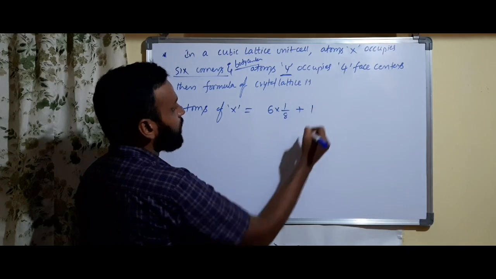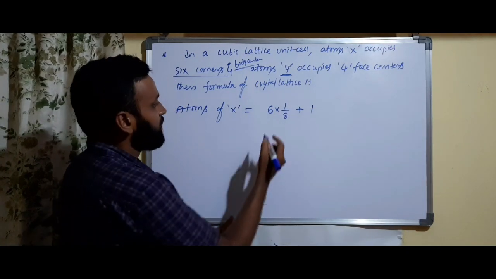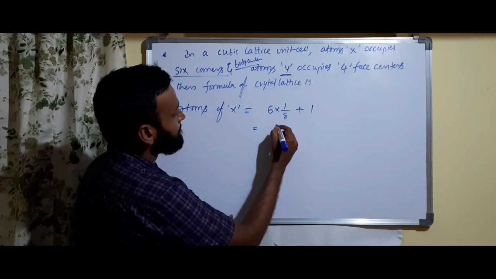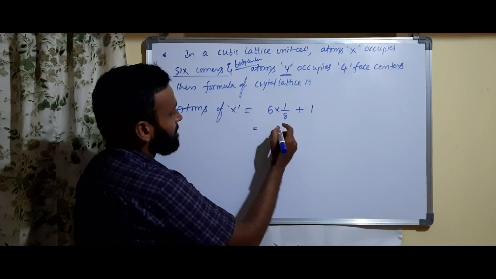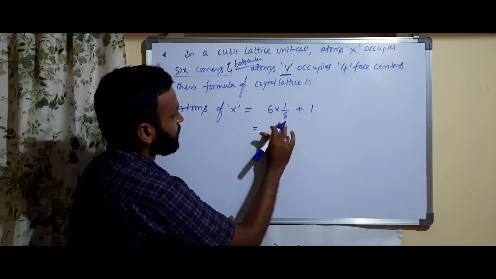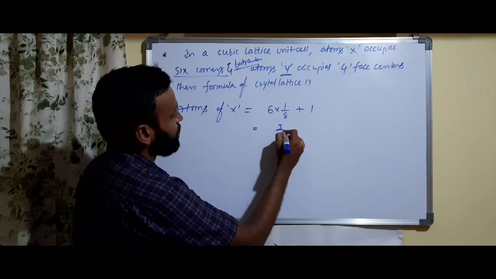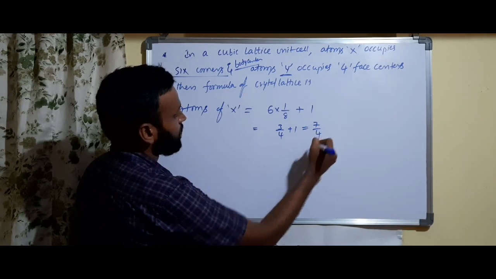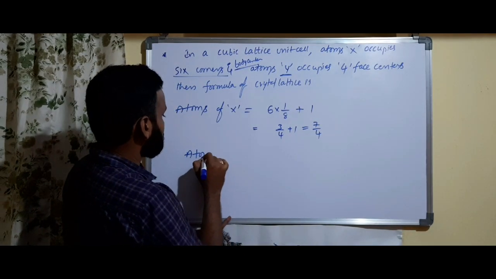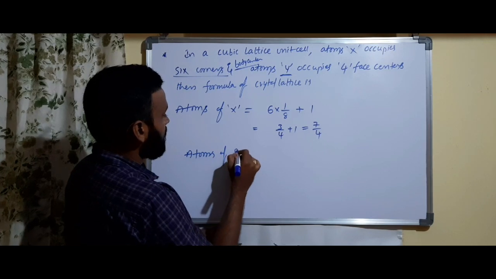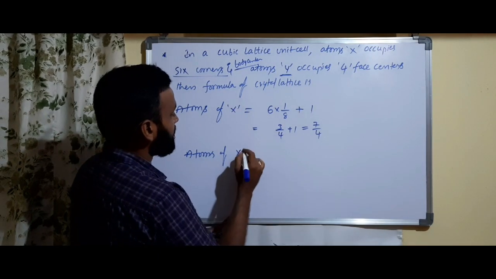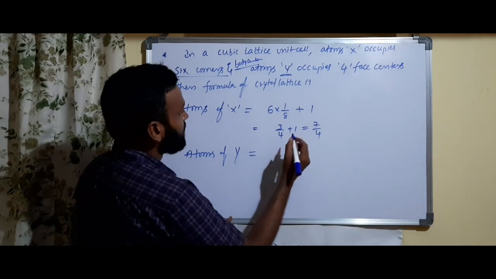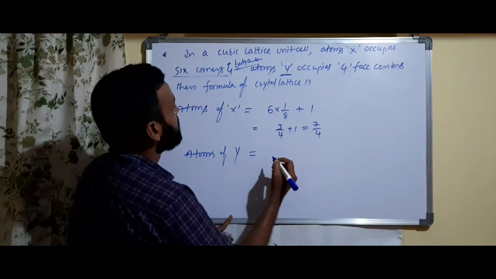And now here 1 body center atom. So here how many atoms do you have? 6 by 8, which is 3 by 4, plus 1. Okay, so it's 7 by 4. And atoms of Y are now present at 4 face centers.